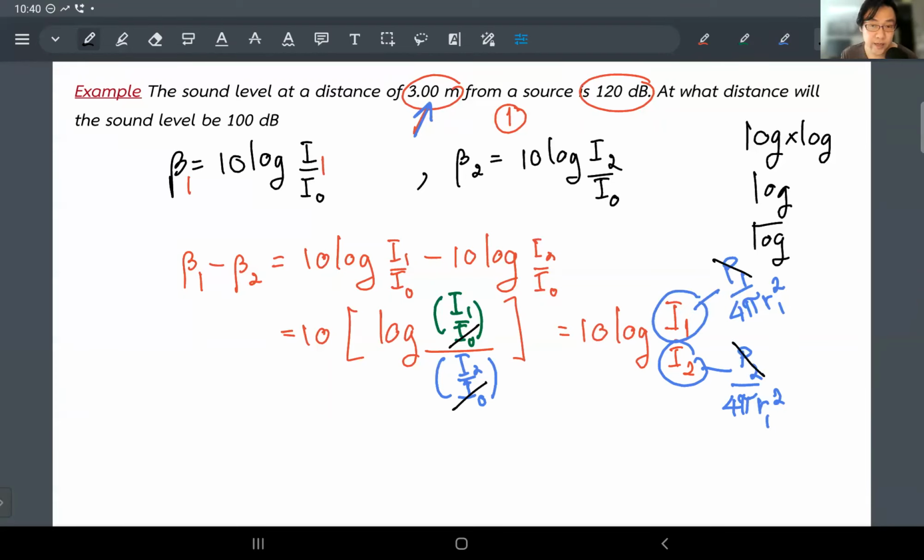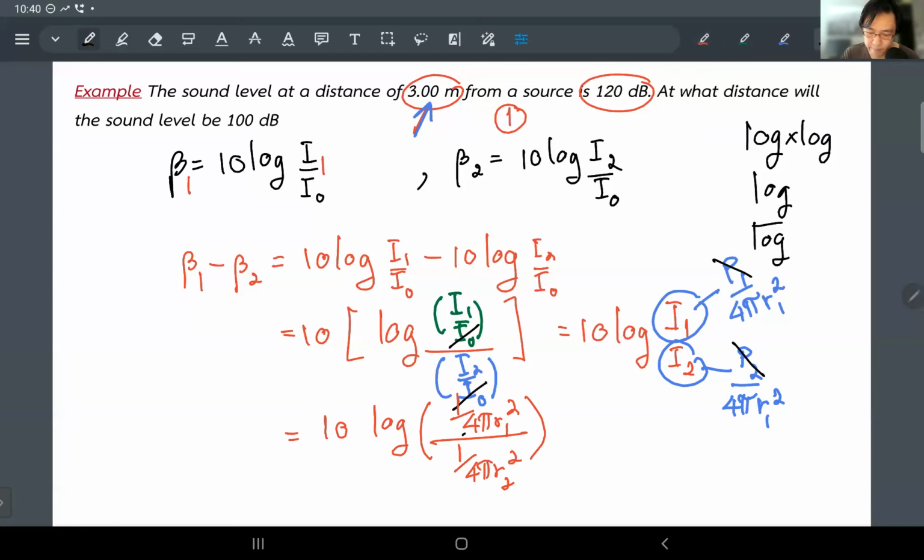So far, so good. All right. So I'm still keeping the ratio technique. The technique is all about taking the ratio between the two. So my final ratio that I'm getting from here is, here we go, 1 over 4 pi r1 square divided by 1 over 4 pi r2 square. You guys with me so far? Okay. Now 4 pi is just gone.